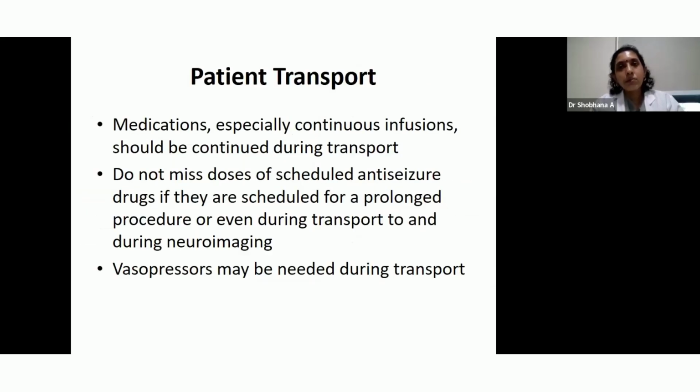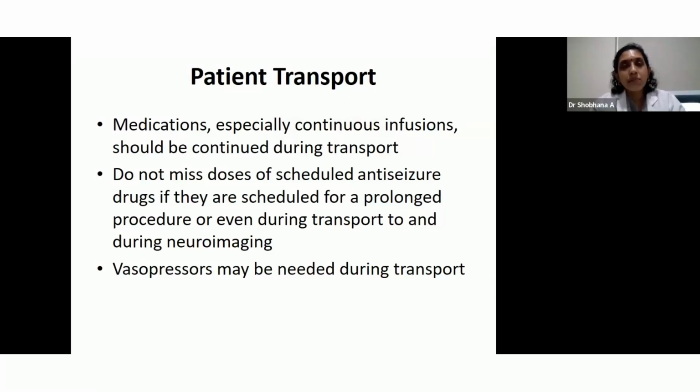Now let us come to, suppose this patient needs to be transported to the CT scanner machine or an MRI, then all these continuous infusions should be continued during transport, and do not miss the doses of the scheduled maintenance drugs as scheduled for long procedures during transport or during neuroimaging.